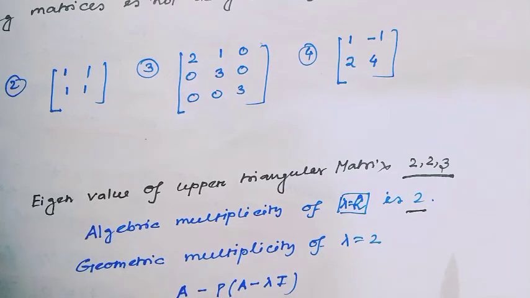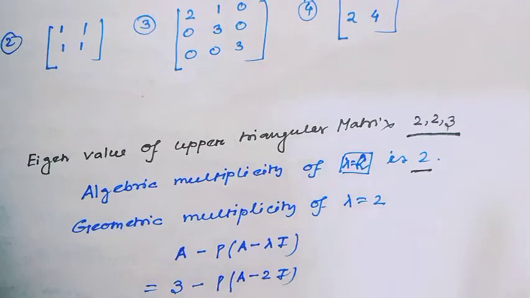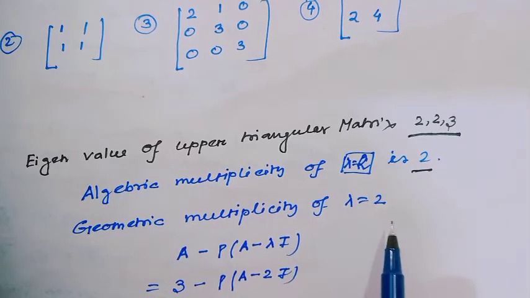Now we have to find how many eigenvectors exist for the eigenvalue lambda equal to 2. For this, we have to find the geometric multiplicity for lambda equal to 2.